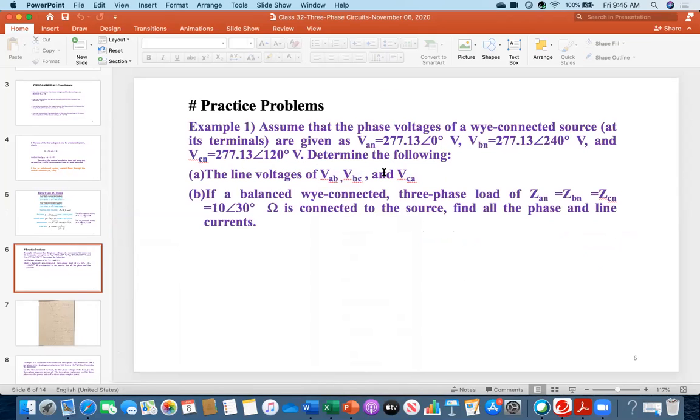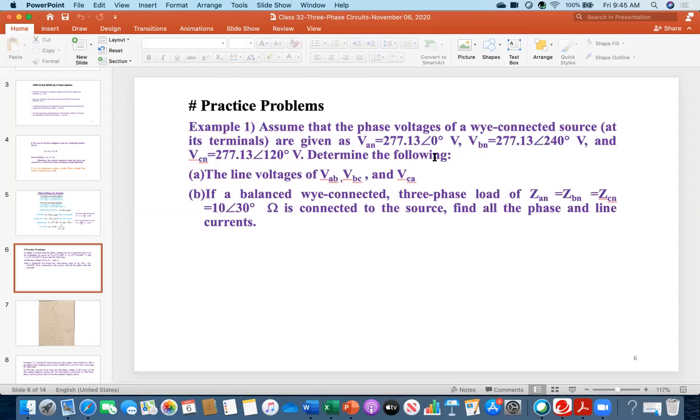Then determine the following line voltages VAB, VBC, VCA. And next part, if a balanced Y-connected three-phase load of Za equal to Zb equal to Zc, 10 angle 30 degree ohm, is connected to the source, then find all the phase and line currents.